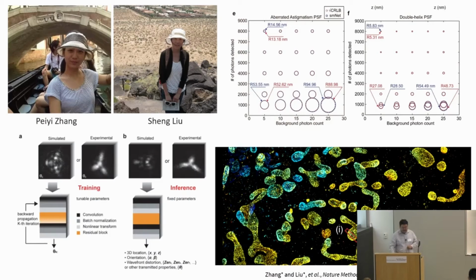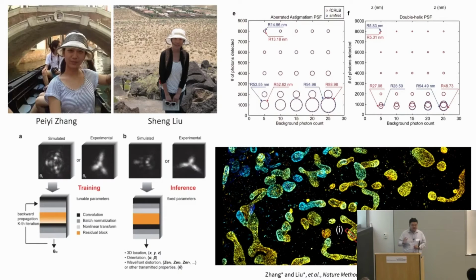The SMNet does not only give you an estimate, which is demonstrated over here. What we show over here is that the radii of these circles are errors of localization. We plot these errors across different background counts and different photon count levels. We have two types of circles. One circle is the Cramér-Rao lower bound, which is the statistical error limit.